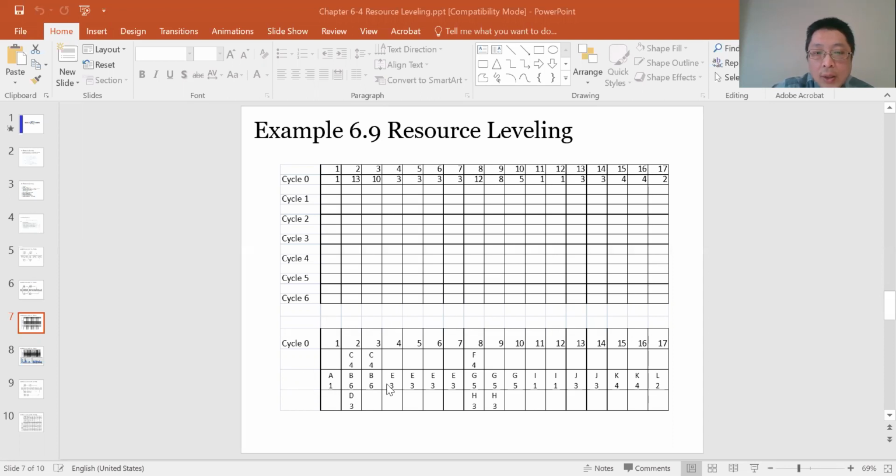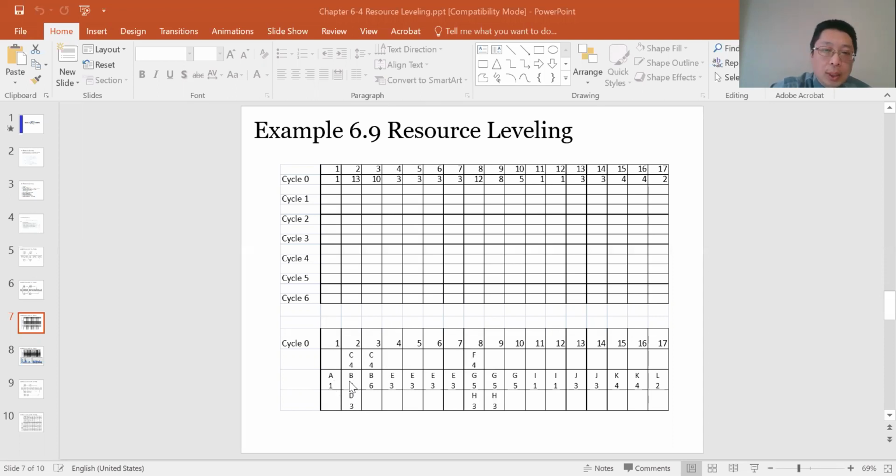Over here, for convenience of analysis of resource leveling, we put all the critical activities in one row. So this one shows the non-critical activities. For example, in this example, we have 4 non-critical activities. We can only work on these 4.